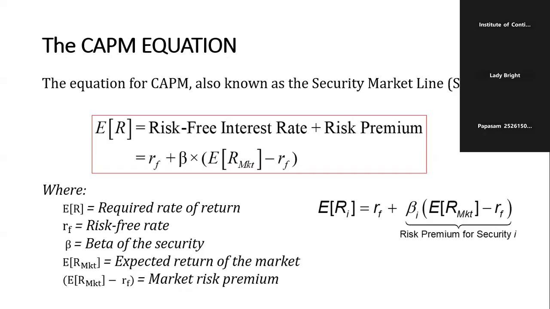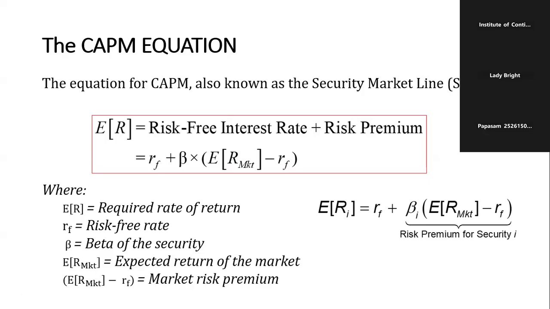Then you have beta, which is related to one particular stock, one particular security or one particular share. So when you have beta times the expected return on the market minus risk-free, that is what we call the risk premium.